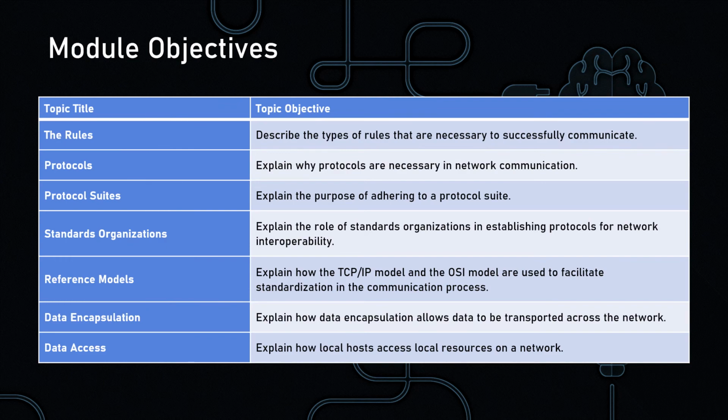Data encapsulation, we're going to talk about how data is transported across a network, how it is encased in layers of data to be able to pass information up or down securely across several different platforms, what we call platform agnostic behavior. And then we'll talk about data access, how local hosts access local resources on a local network. Tired of the word local yet? Buckle in.